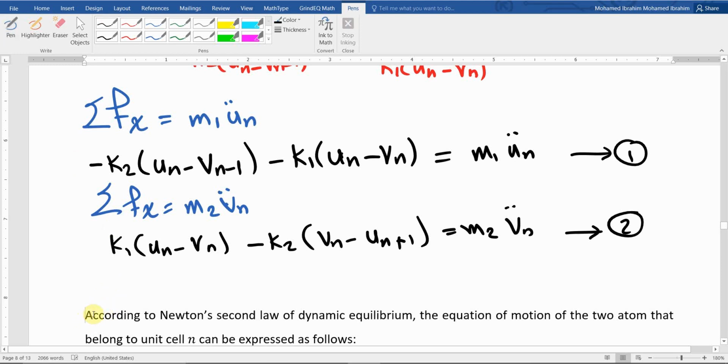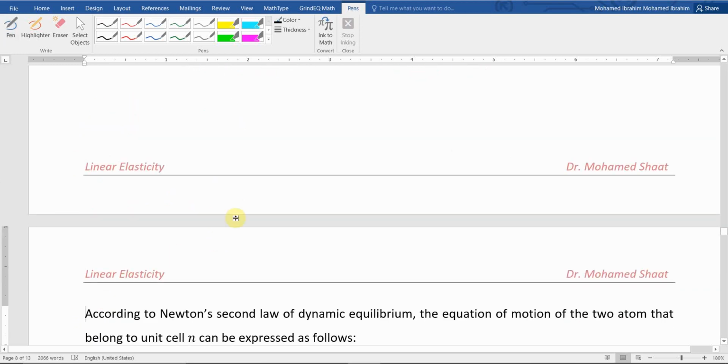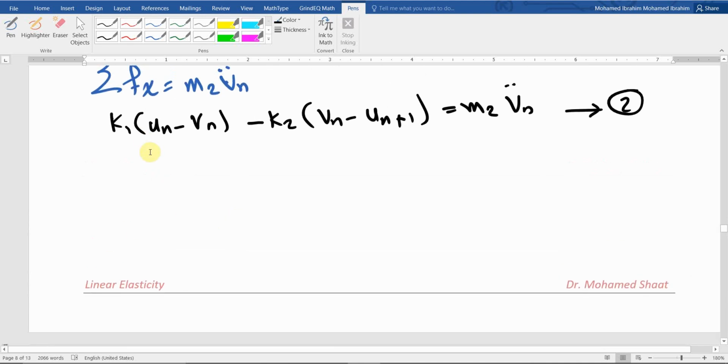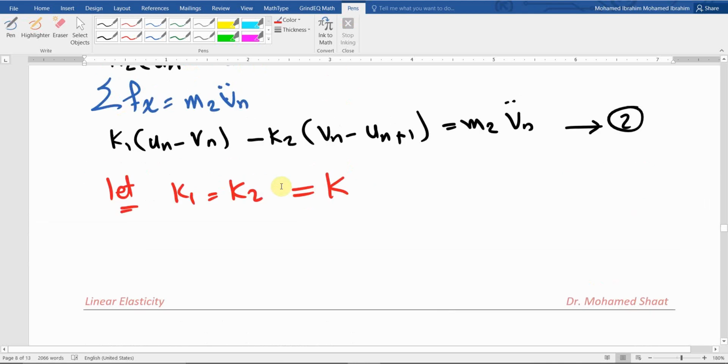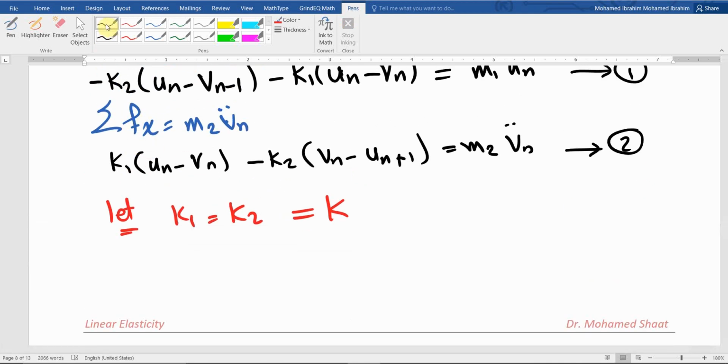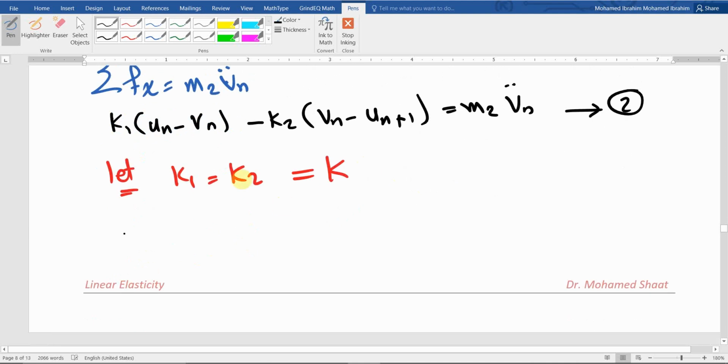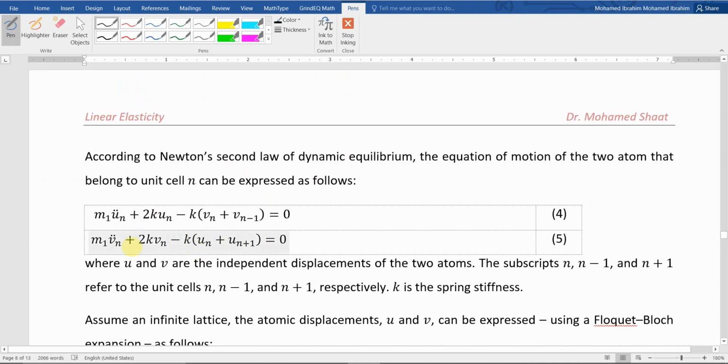Make sense? Now, let us assume, for the special case, that K1 equals K2 equals K0, or just K. It means these two equations will have this form, so we can arrange them and end up with this form here.